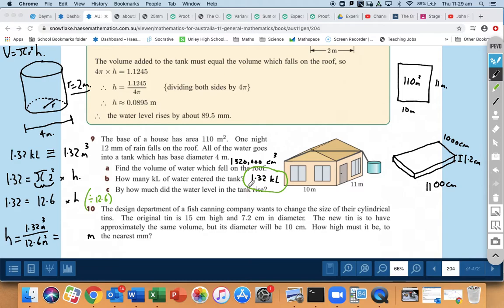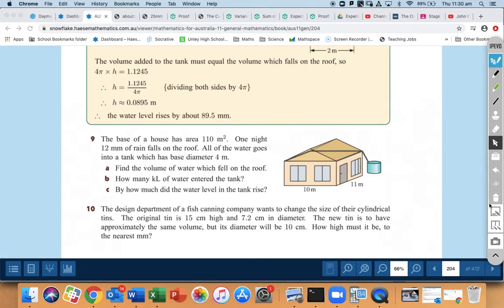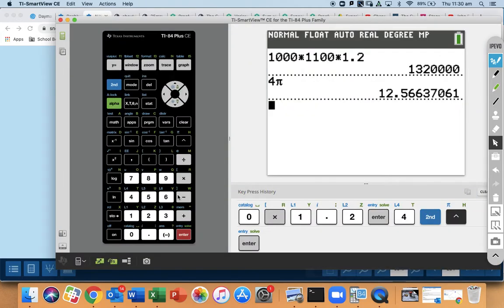So how much did the water level rise in the tank? We're going to get an answer in metres. We could convert it to centimetres if we want, but let's just do this. 1.32 divided by 12.6. So go to the calculator here. 1.32 divided by 12.6.